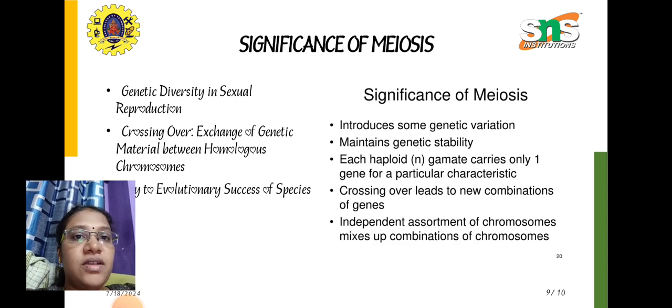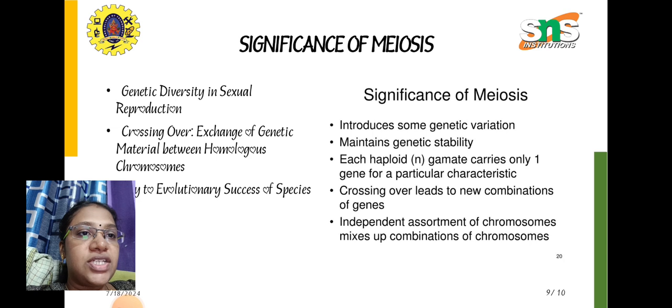The significance of meiosis is mainly that it introduces genetic variation and maintains genetic stability. Crossing over leads to new combinations of genes, and each haploid gamete carries one gene for a particular characteristic.